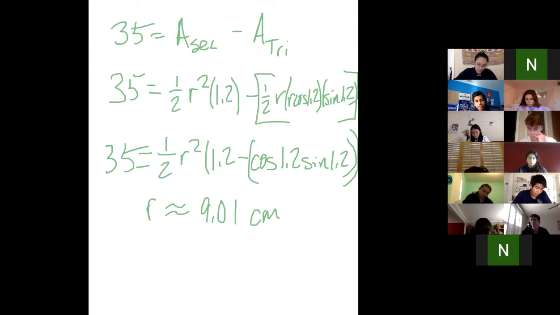Wait, Miss Thompson, when you grouped it, where did one of your r's go in the third line? 1/2 r times r cosine 1.2 would be 1/2 r squared cosine 1.2, and then I factored out the 1/2 r squared. Oh, I see. Okay.